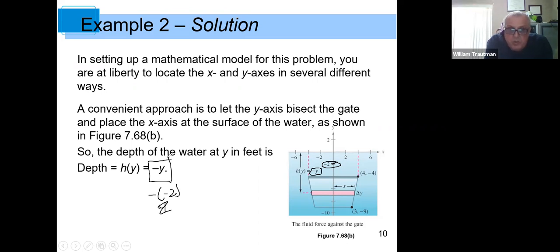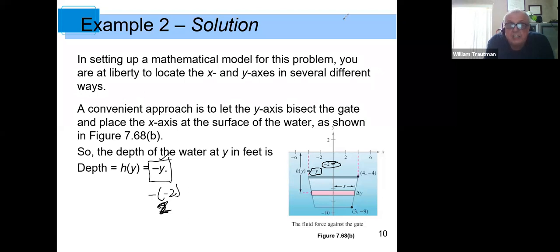When you put negative 2 in there, we end up with a positive 2, and then we can say it's 2 feet below, because the formula is for how many feet below the water line it is. We can't say it's negative 2 feet, it's 2 feet below the water line.